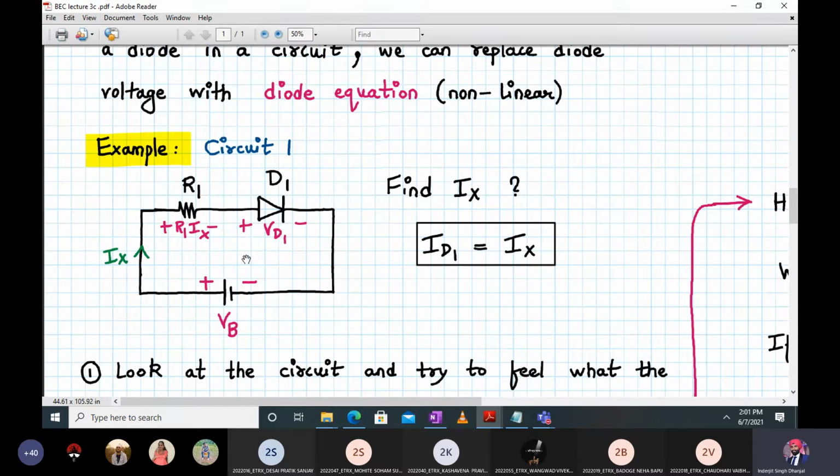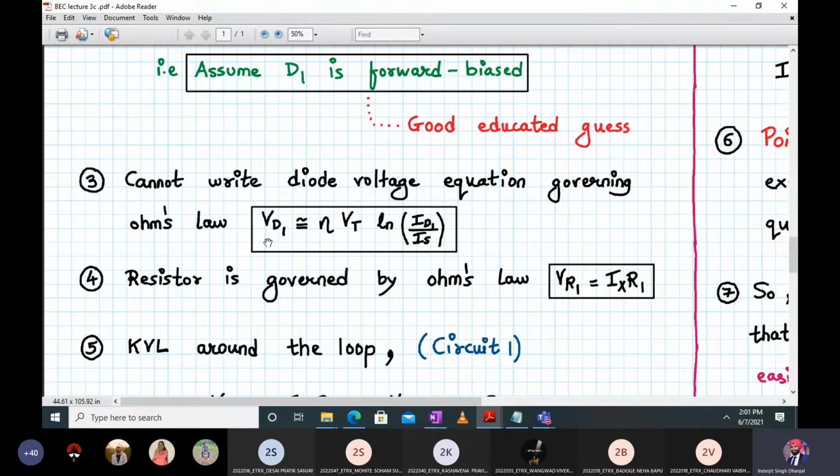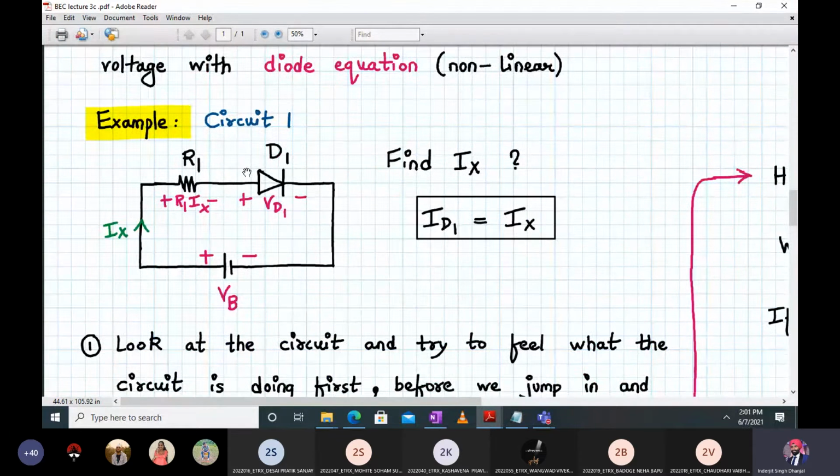But you cannot write the diode equation using Ohm's law. What do we have to do? We write VD1 approximately equal to eta Vt times ln of ID1 upon Is, right? And the resistor is governed by Ohm's law, so VR1 is Ix R1. All of you know KVL.